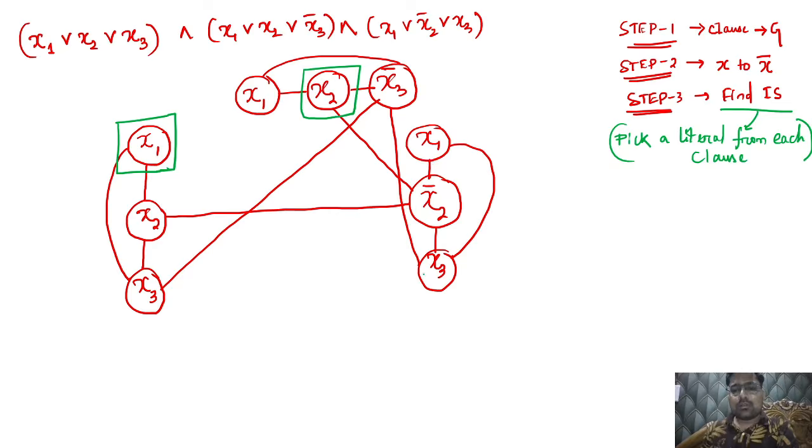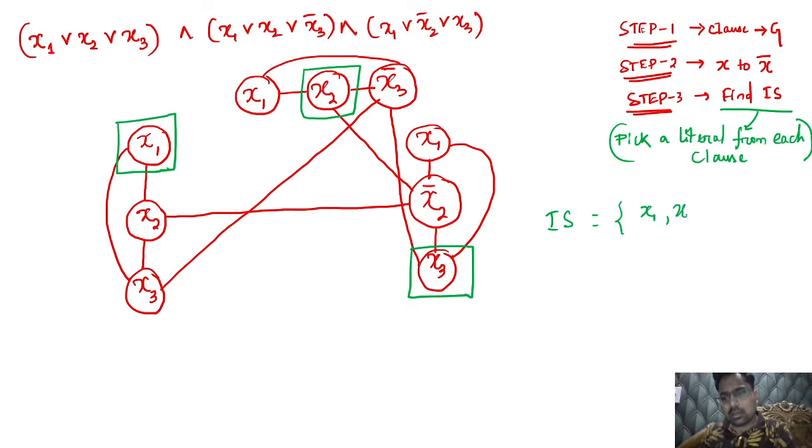Now towards the third one, I'm just picking this x3 as the next literal, which is our independent set. Definitely we can create the independent set by picking one element out of each. So if I'm picking x3, I have to avoid x3 bar as well as the nodes which are connected using these edges. So the independent set I must write as x1, x2, x3.